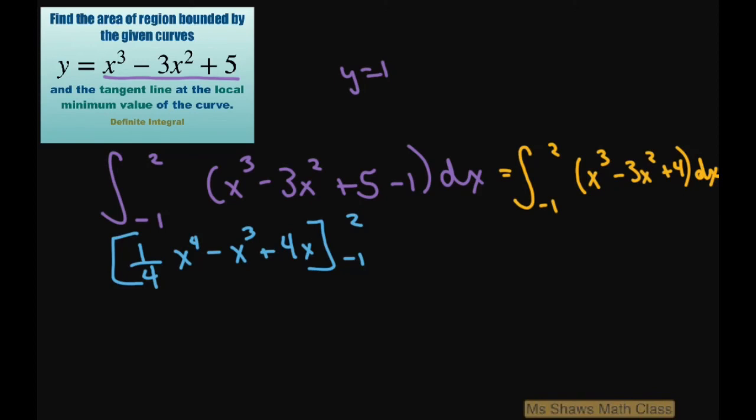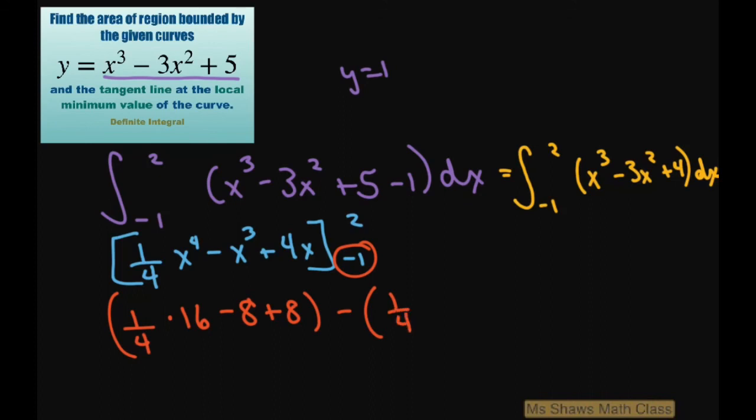For the 2 we get 1/4 times 16 minus 8 plus 8. And for the negative 1, you subtract, and you get 1/4 plus 1 minus 4.